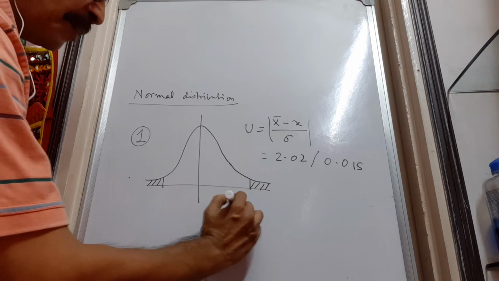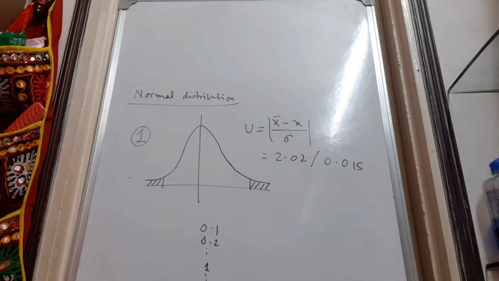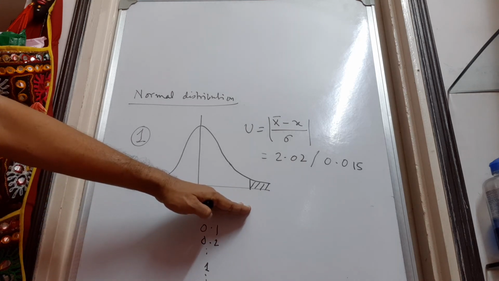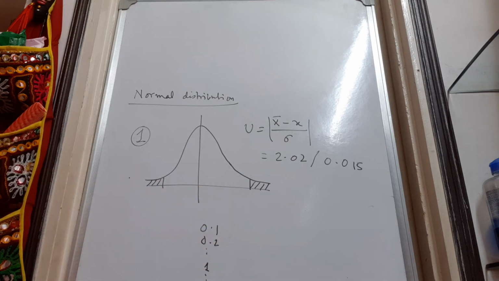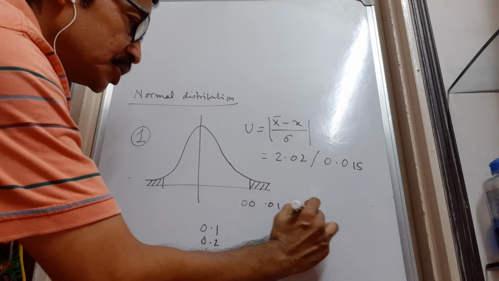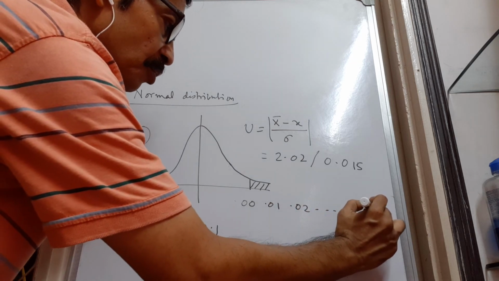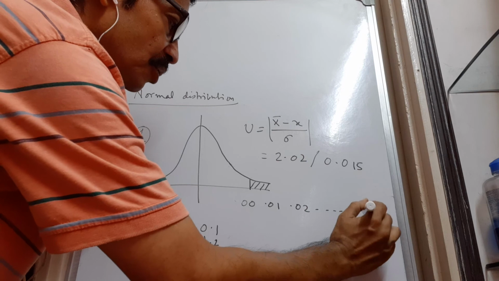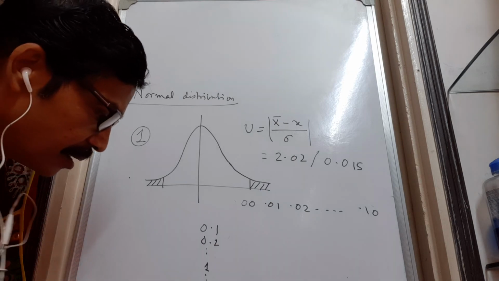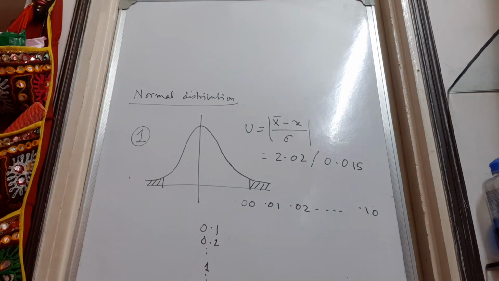And in the upper portion there is also a horizontal row where we have 0.00, 0.01, 0.02 up to 0.10. Here also we have up to 3. So, what will be the value of 2.02?